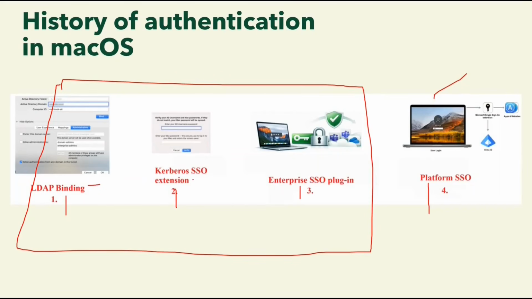We have understood what Kerberos SSO extension was and how it complemented the devices that had undergone LDAP binding by making sure that those devices got a Kerberos ticket. And we already know about what a Kerberos ticket is and how it functions in an on-premise environment, right? So using Kerberos SSO extension, the device would get a Kerberos ticket, and then the device would utilize that Kerberos ticket to access the on-premise hosted applications, so that all that access was seamless.